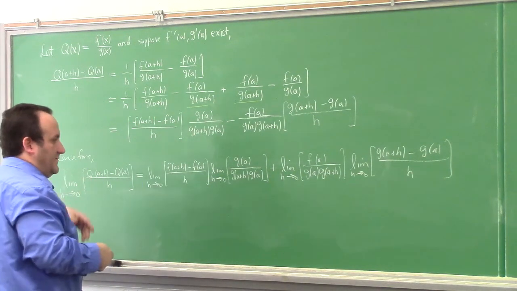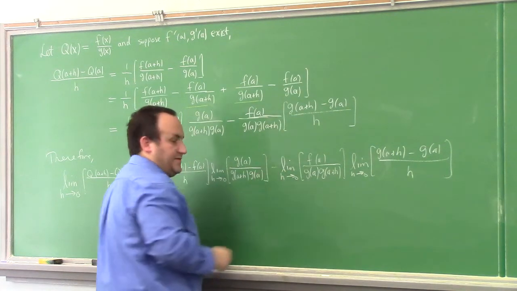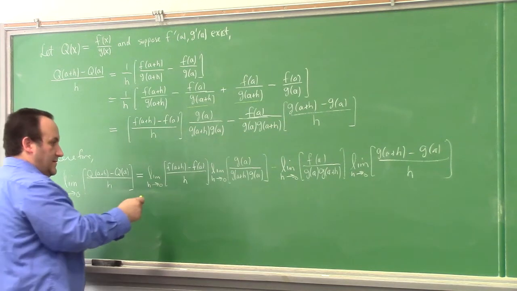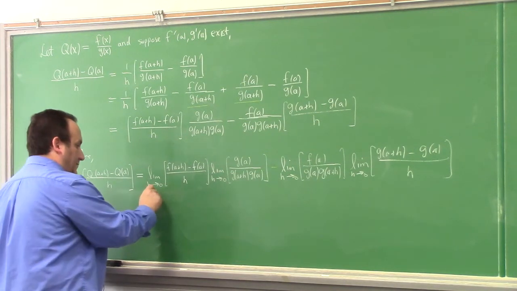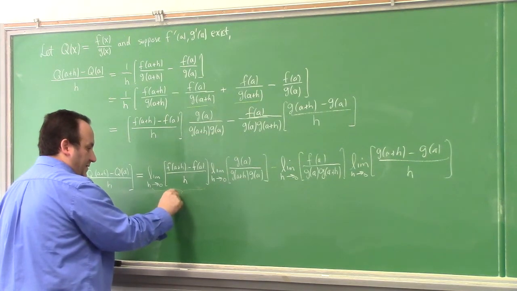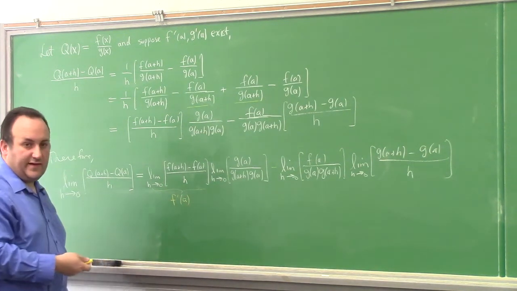But anyway, after you see through the sign errors in my algebra, you can see what the limit of this is. Well, this is not limit 0. This has limit f prime of a. That's what it means for f to be differentiable: that difference quotient goes to f prime of a.